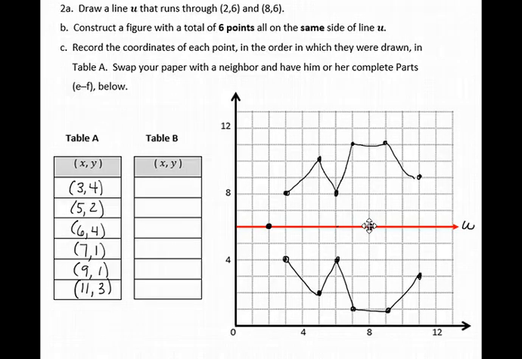Now let's put the ordered pairs in for those points. So the first one would be 3, 8. And then I have 5, 10. The next point is 6, 8.